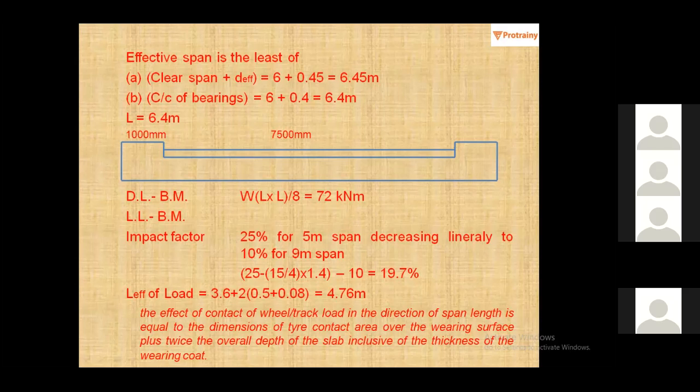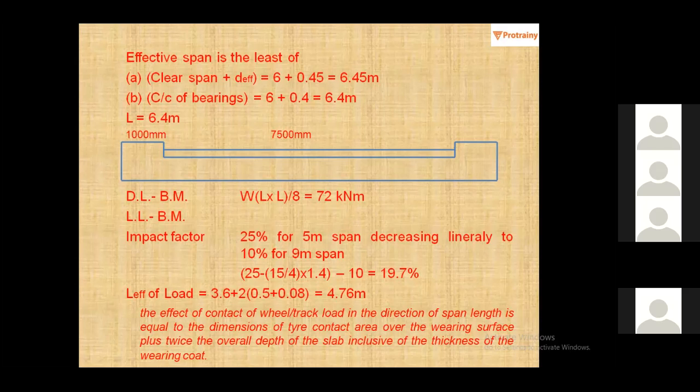In order to accommodate this dynamic aspect, हम क्या करेंगे, we need to magnify our live load with impact factor, ठीक है. हमें impact factor जो एक expression given है as per code, उससे हमें अपने live load को magnify करना पड़ेगा.